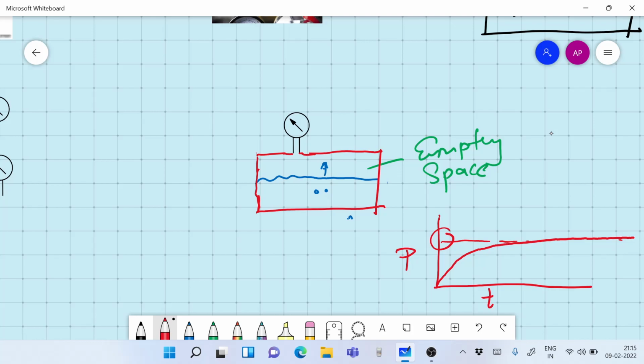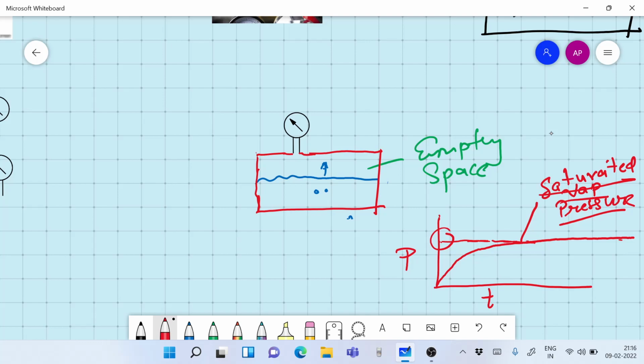And this pressure that we read at that point of time is known as the saturated vapor pressure. Now, it's obvious we are reading the pressure of the vapors. The vapors are exerting the pressure.